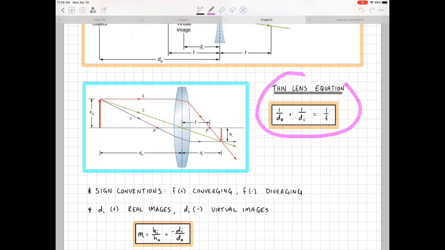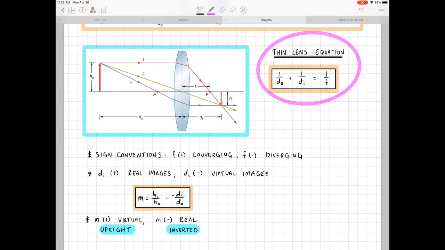Just like we could use it for our spherical mirrors, we can use the thin lens equation for thin lenses. And the only thing that we have to be careful of here is sign conventions, just like with the mirrors.